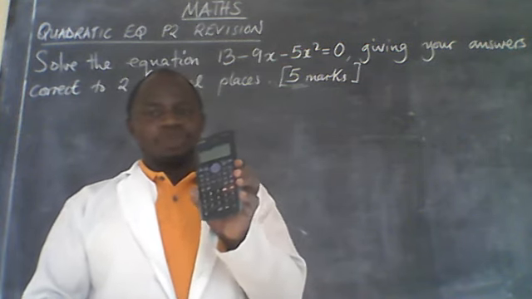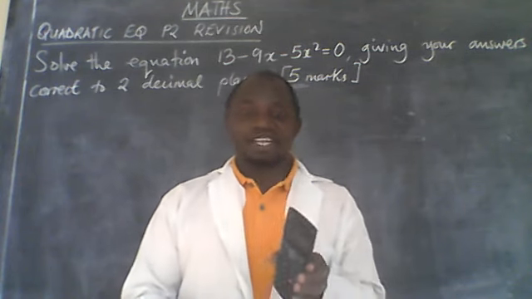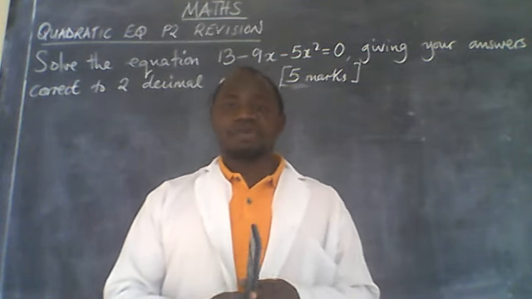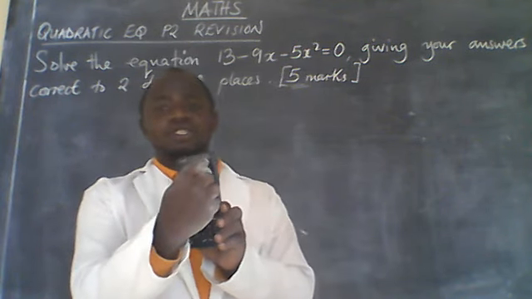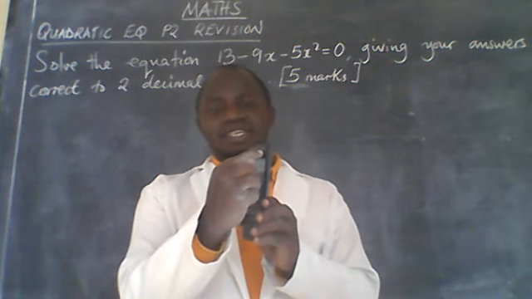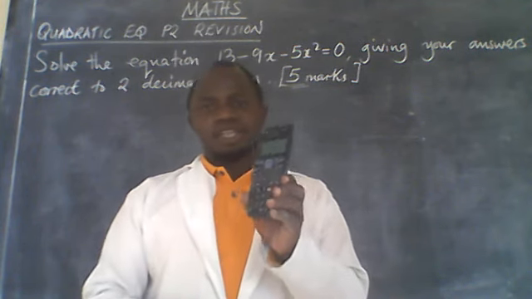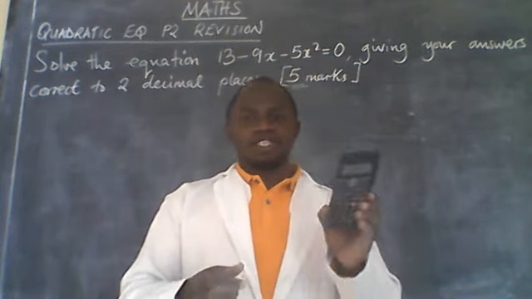You have to check the trusted calculator that you're going to use in your final exam. At least it should have fx 82. You check there if it has got fx 82, then that is fine. You can have any name, Kenko, but that is okay.